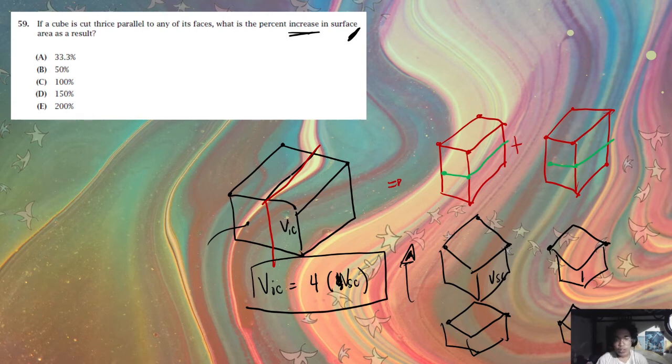We all know that a cube has six faces, six congruent faces, and all of them are squares. So if the big cube has six faces, and all of these four cubes also have six faces, we can multiply that by a factor of 100% in order to find the percent increase, the additional amount of surface area that we will need.